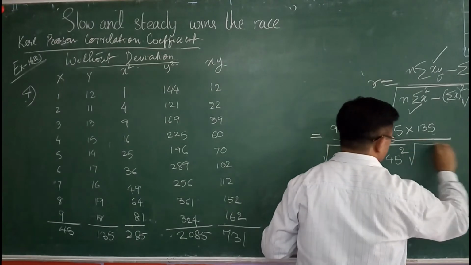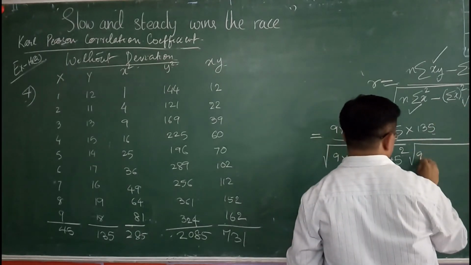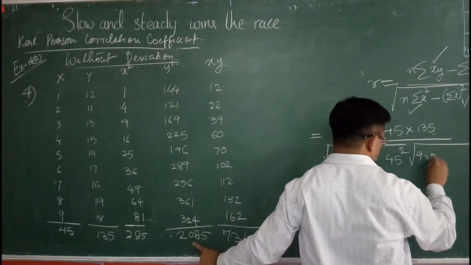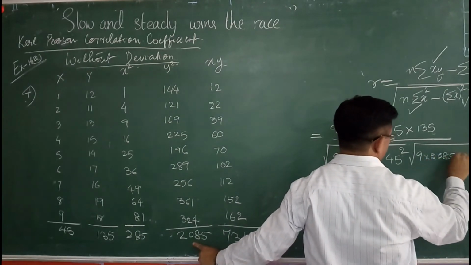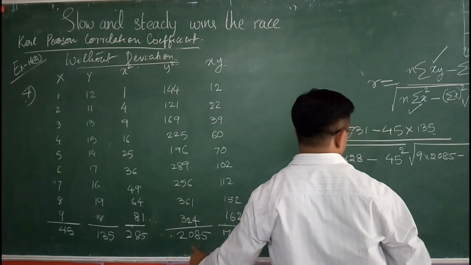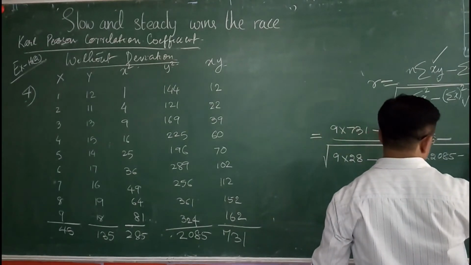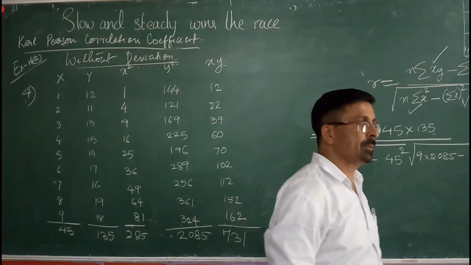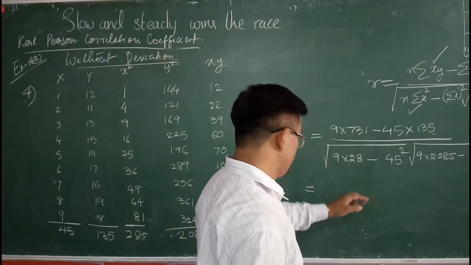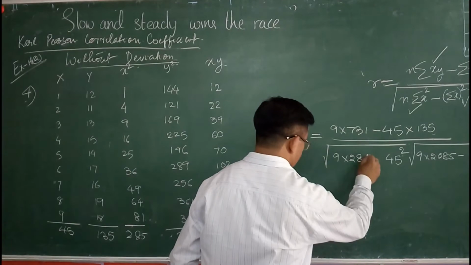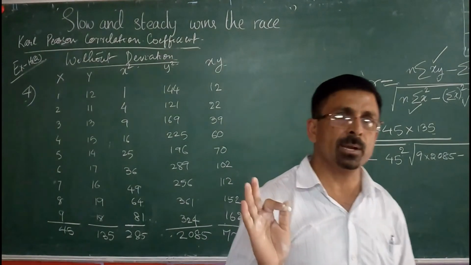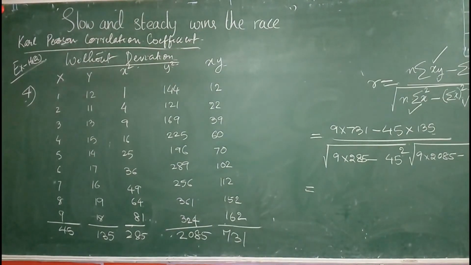And then another root, again 9 times the sum of y square, 2085, minus 135 square. Is it okay now? Yes, sir. After this it is only calculation.